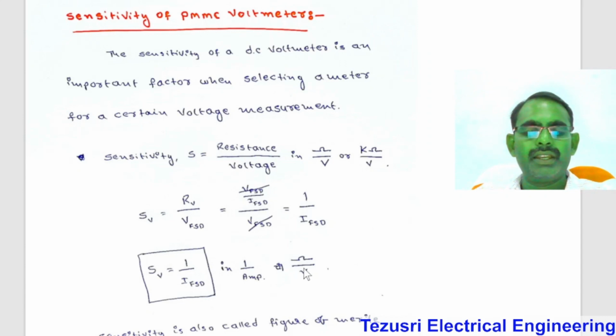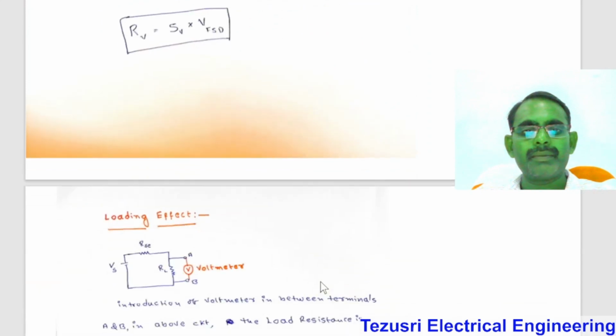It is indicated like this: 1 by ampere, which is nothing but ohms per volt. This sensitivity is also called the figure of merit. The voltmeter resistance is given by the voltage sensitivity of the voltmeter times the full scale deflection voltage of the voltmeter.